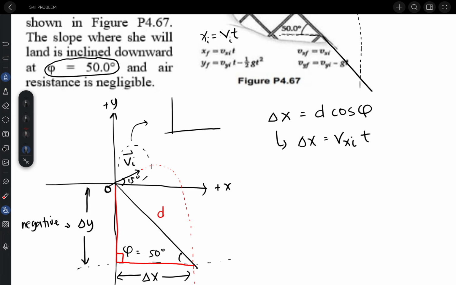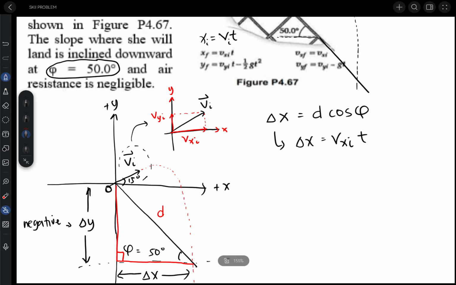Our velocity is a vector that we can resolve into its x and y components first, to find vxi and vyi. Let's name the component in the x-axis vxi, the initial velocity in the x direction, and the y component vyi, the initial velocity in the y direction.